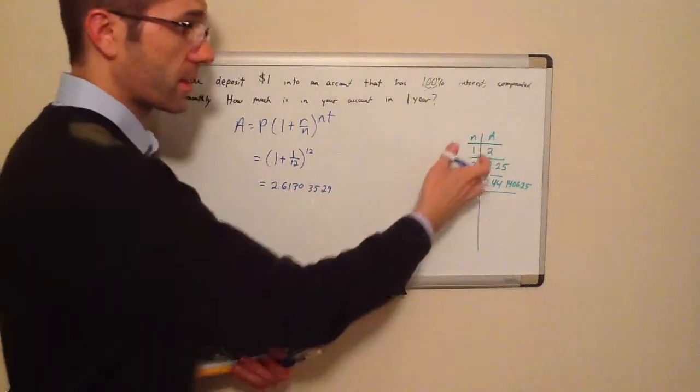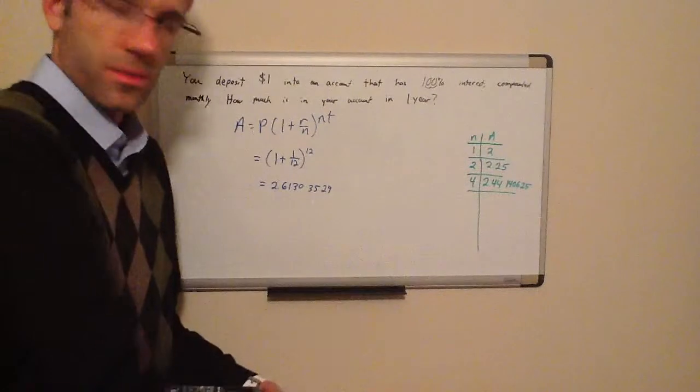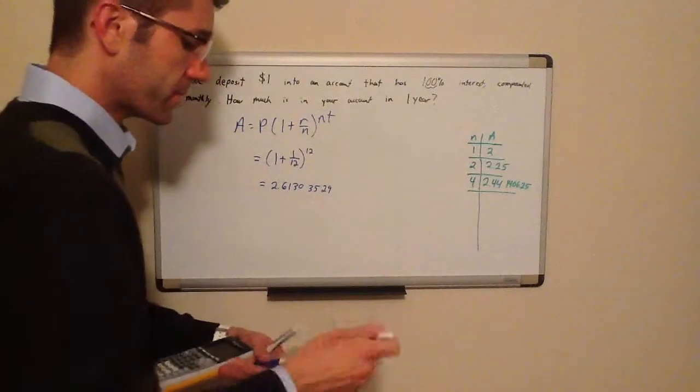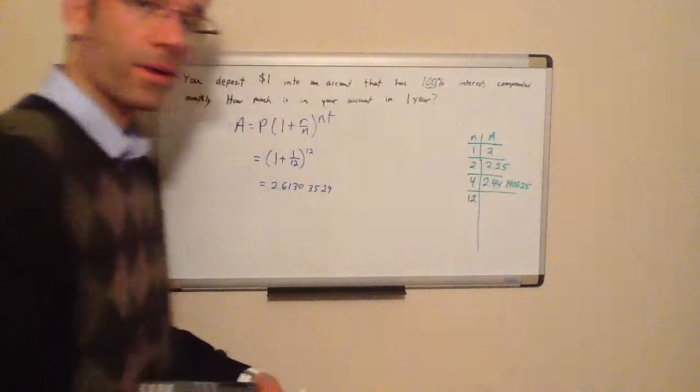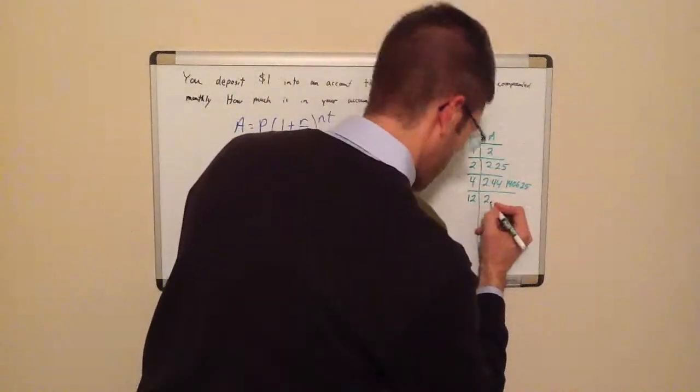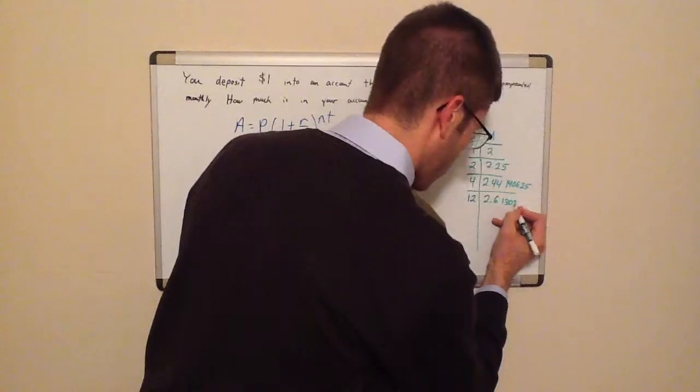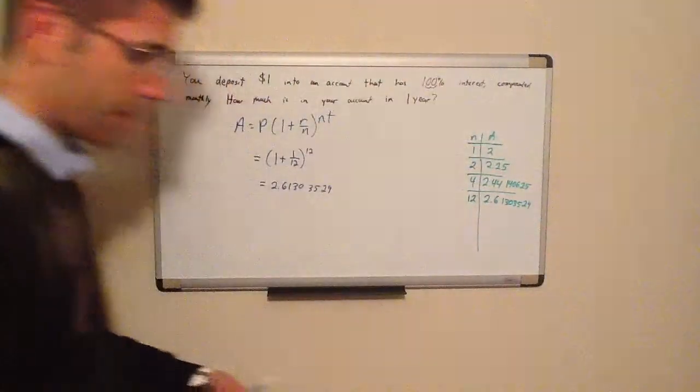Up to this point it's 2 and then some change, and it's slowly growing. So if we compound interest 12 times a year, we get 2.613035529.